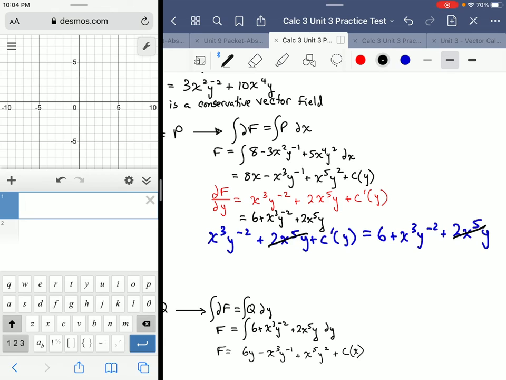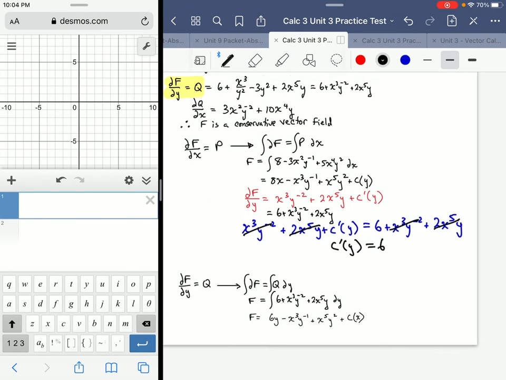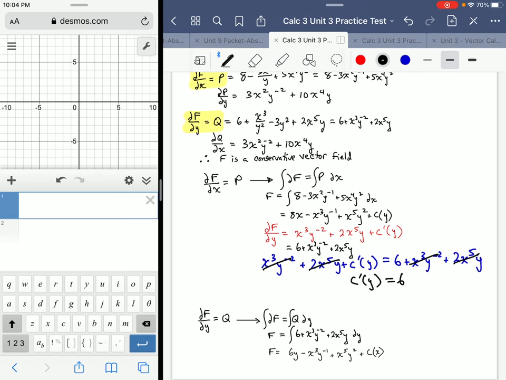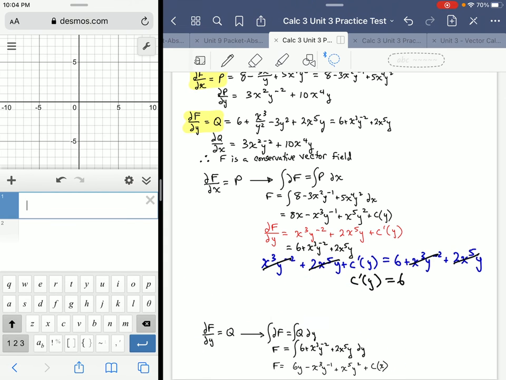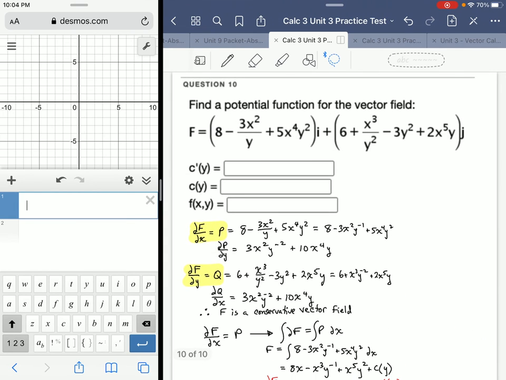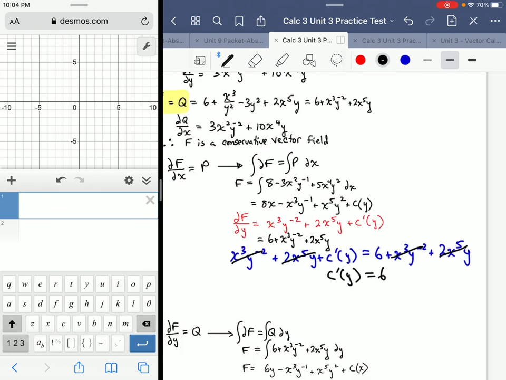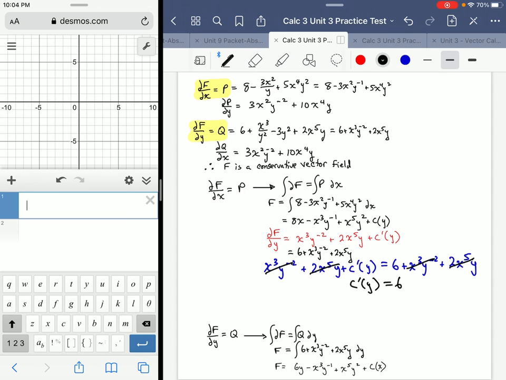This goes with this, and this one with that, and it looks like c prime of y is just equal to 6. Let me just tuck this away now, so I can pop that right in there. 6.